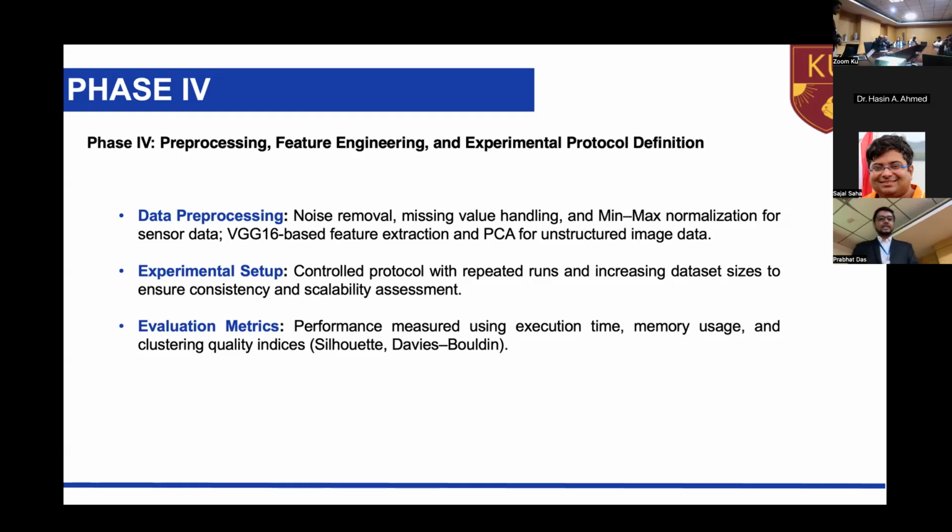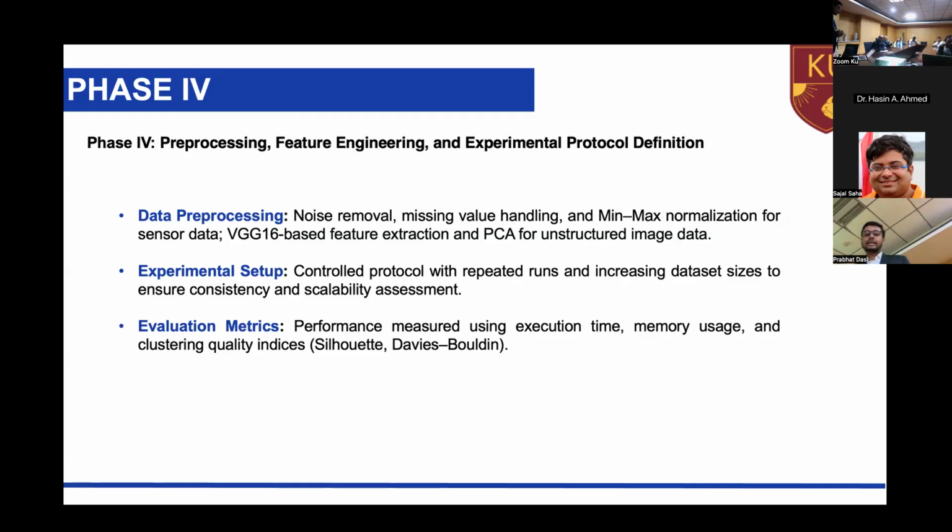And in the next phase, we did some data pre-processing where the features were extracted from the data using the VGG16 model. Since those were image data, we had to extract the images. Those experiments were performed in an iterative way, with multiple iterations, just to conclude whether the algorithm that we proposed and finalized is well suited for use or not.